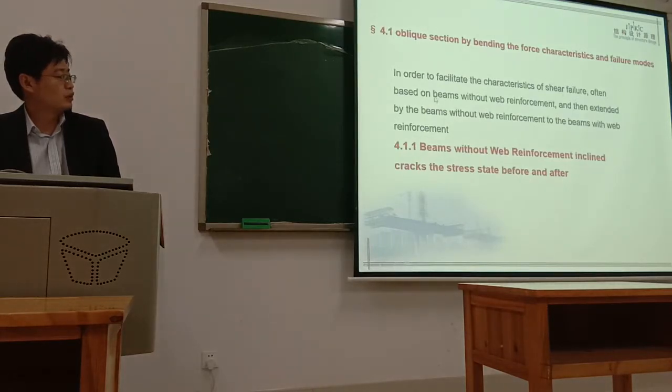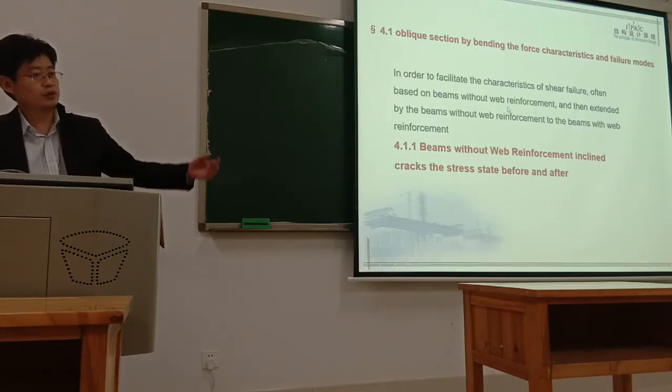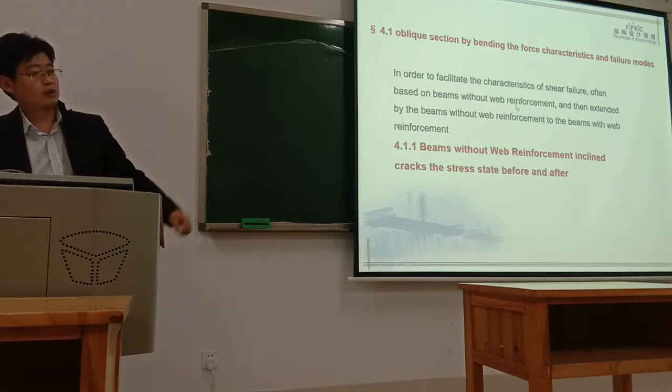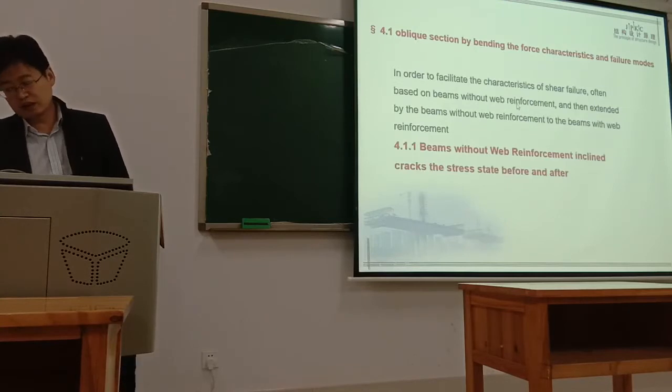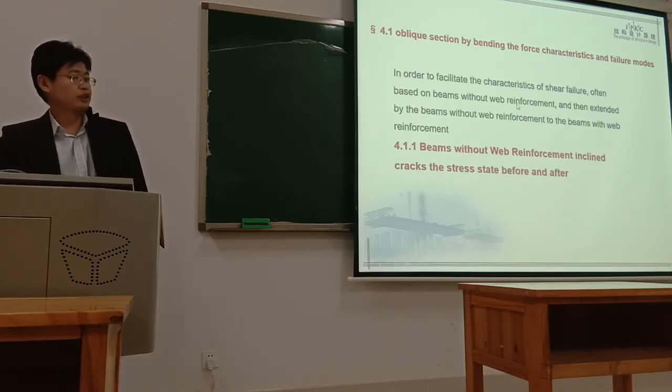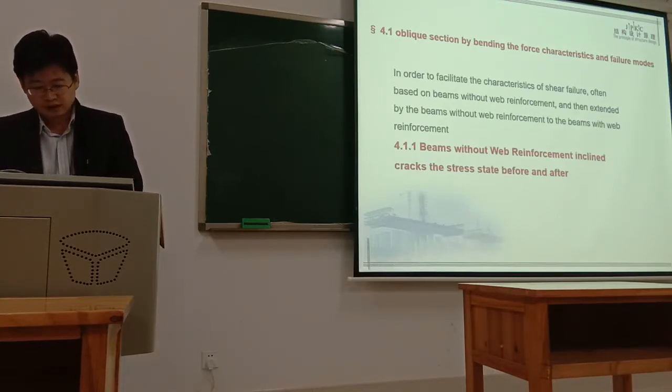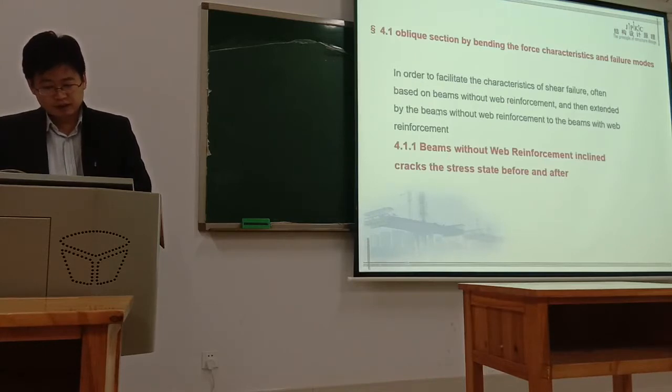Normally we do a test on a designed beam. Firstly, we don't put web reinforcement inside. That means we don't use stirrups or bent-up bars. We just use the longitudinal reinforcement.